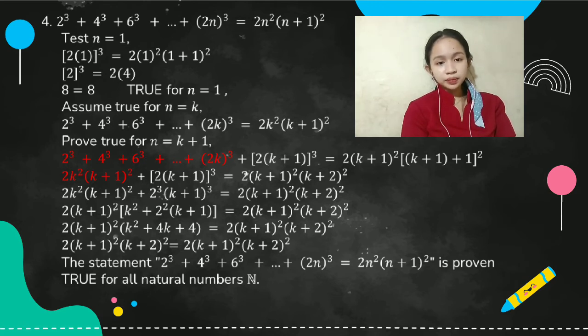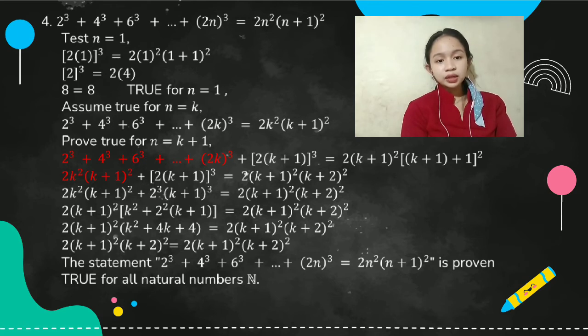Solution will be again 2 raised to 3 plus 4 raised to 3 plus 6 raised to 3 plus dot dot dot plus 2k raised to 3 plus the quantity of 2k plus 1 raised to 3 is equal to 2 times the quantity of k plus 1 squared times the quantity of k plus 1 plus 1 squared.